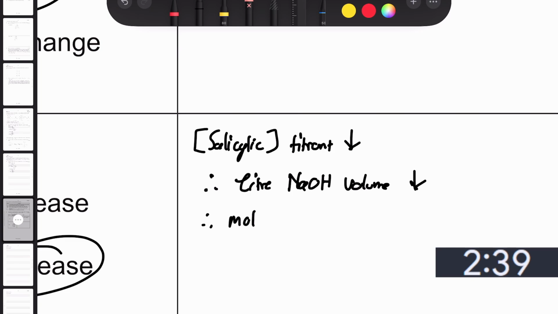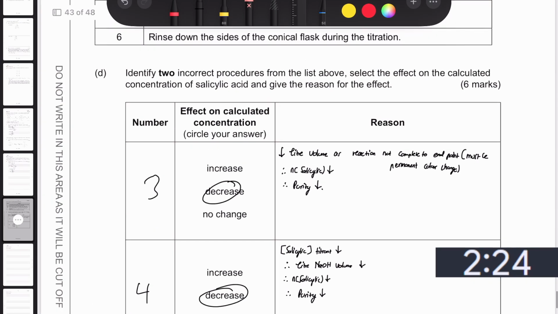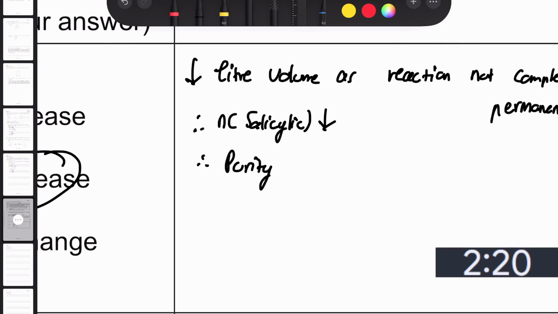Therefore, moles of salicylic decrease, therefore purity will decrease. Purity or concentration.